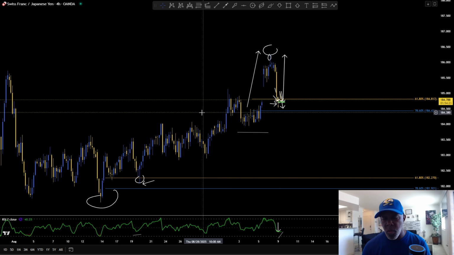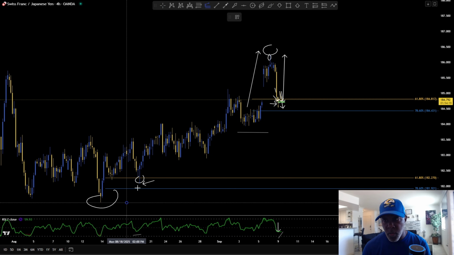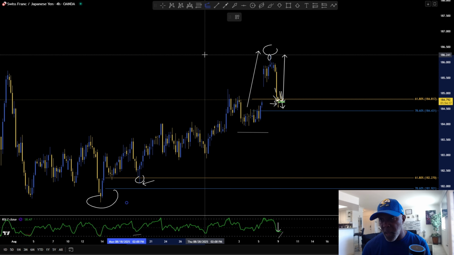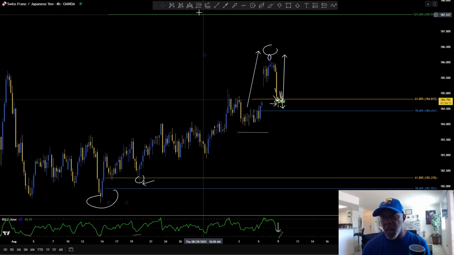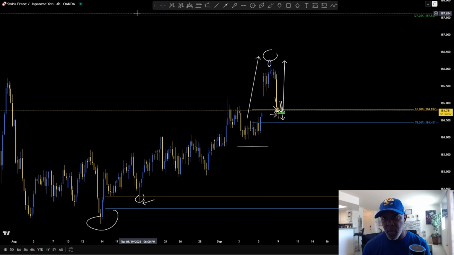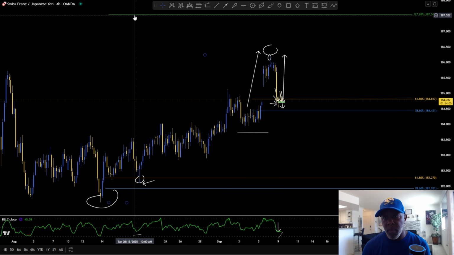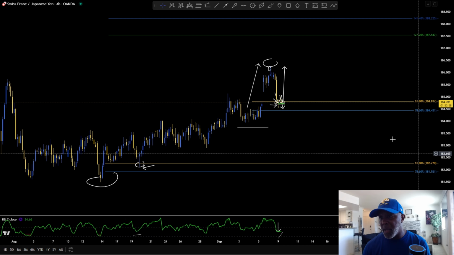So grabbing the Fibonacci extension tool, starting from the low to the high and coming back. There are 2 numbers we're going to be interested in: the 127 extension and the 1414 extension.